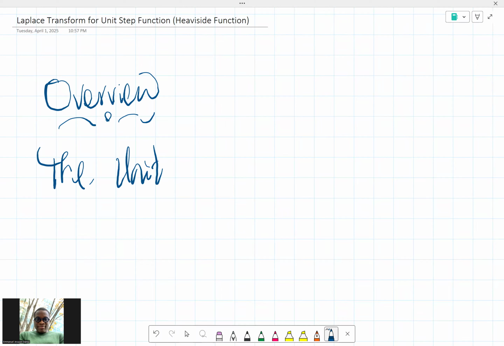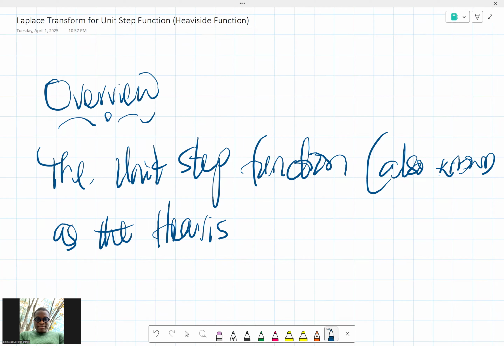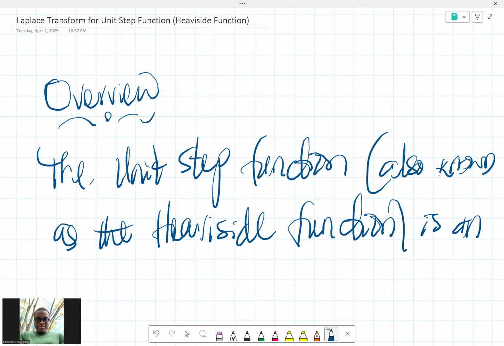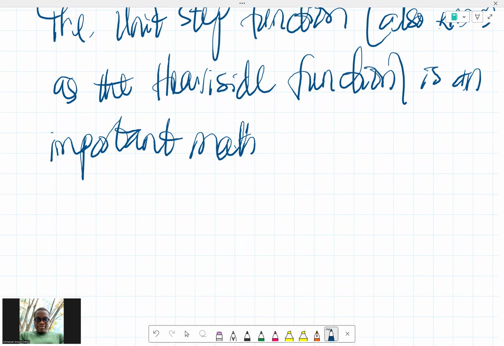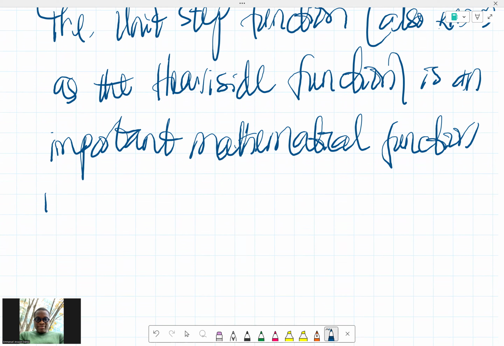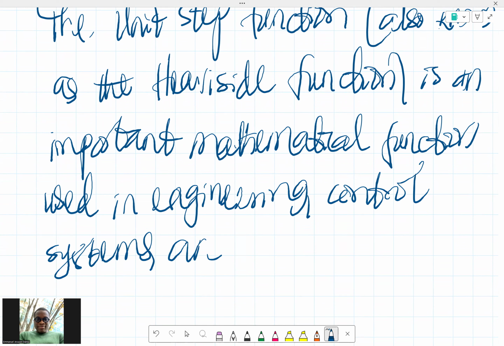The unit step function, also known as the Heaviside function, is an important mathematical function used in engineering, control systems, and signal processing.